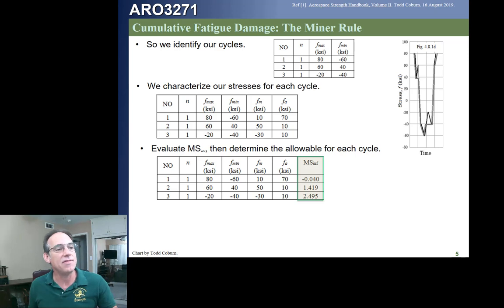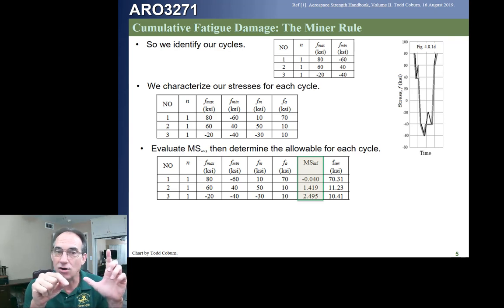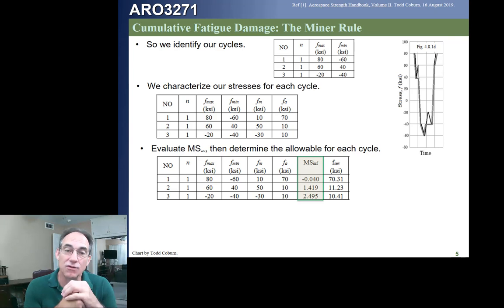So we can take the FM and the FA for each cycle and plug it into the equation for the fully reversed stress using the same failure criteria, and we calculate the equivalent fully reversed stress as shown in this column. Then we can take that fully reversed stress, we can go and look at that stress against our FTU to determine from the SN curve whether each cycle is high or low cycle fatigue.